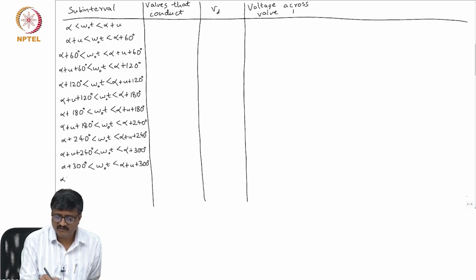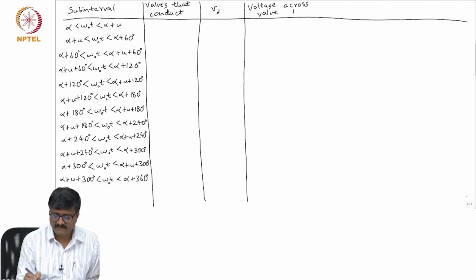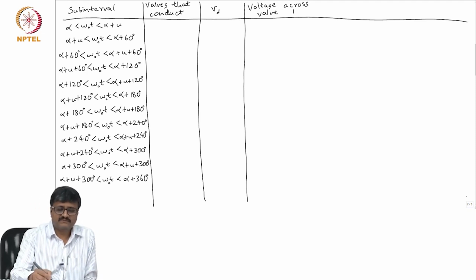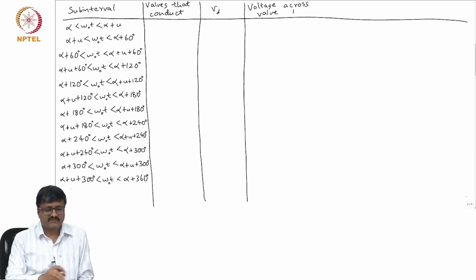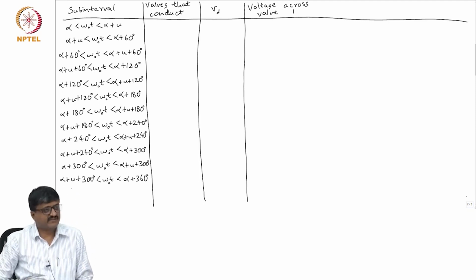Then alpha plus u plus 300 degrees to alpha plus 360 degrees. That completes one full cycle consisting of 12 subintervals.